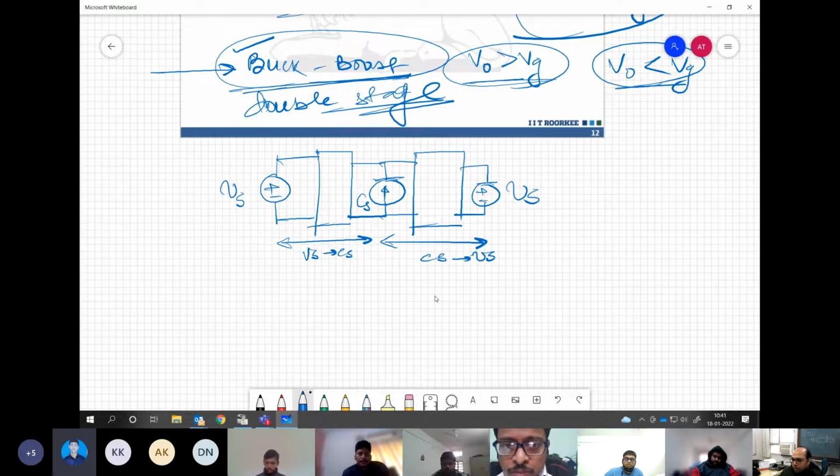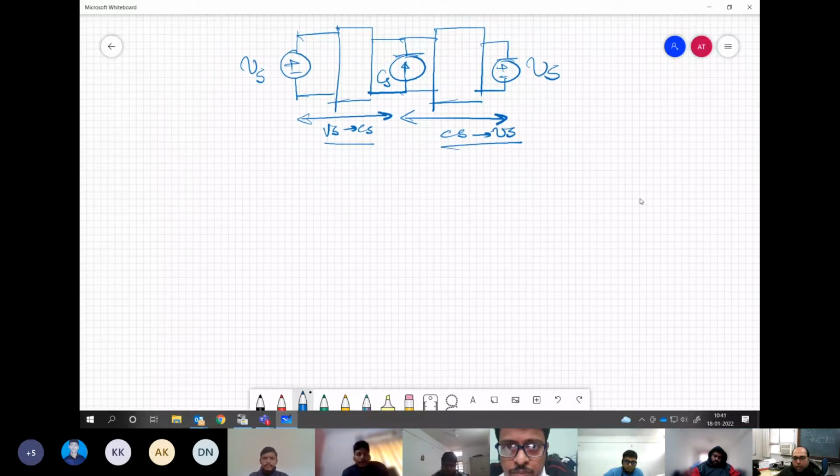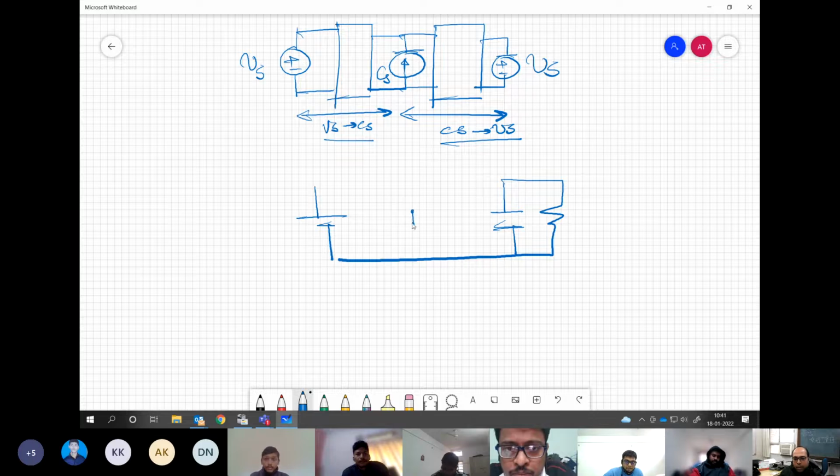Yes, sir. Correct? So this is what you basically see in our buck boost converter or flyback converter. We have a voltage source, we have another voltage source or voltage stiff element over here, and we connect a current stiff element over here, obviously because the current stiff element can come only with the pole of the circuit.